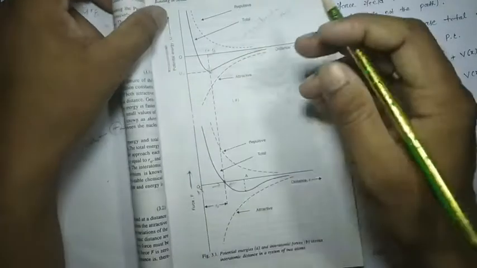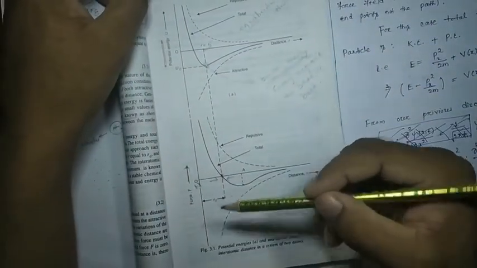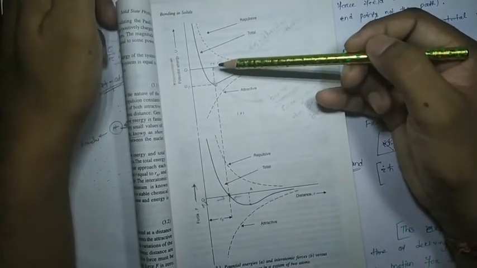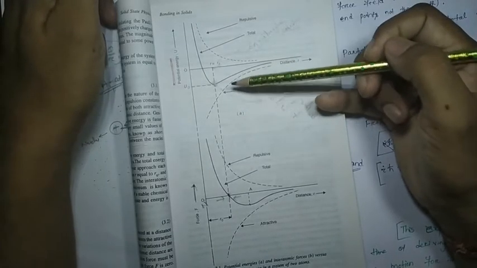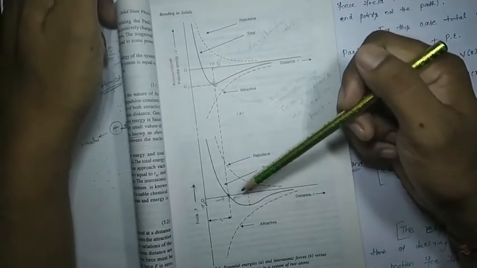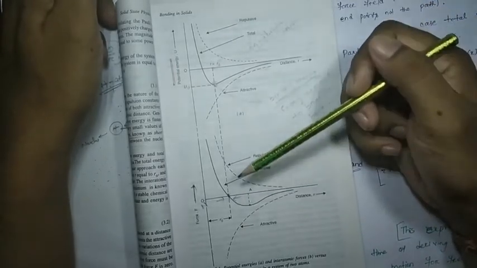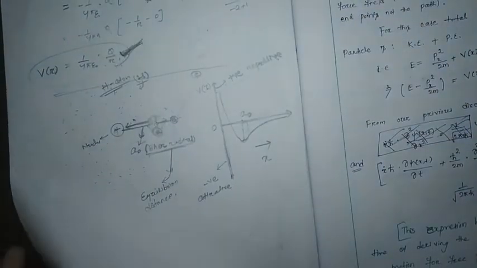Overall we can see here that the force field can be derived from the potential, and the potential energy also can be derived from the force field, wherever we consider it in our quantum mechanics.